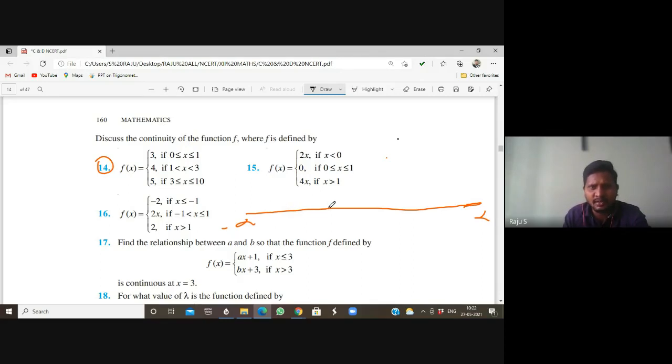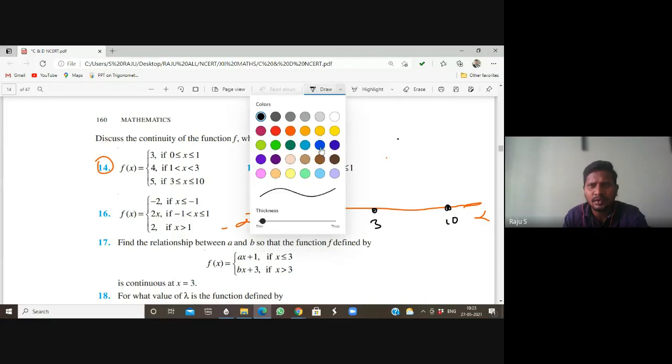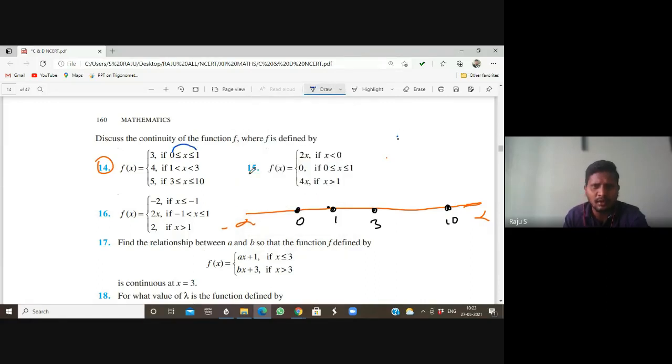I take 0 here, 1 here, then 3 here, and 10 here. From 0 to 1, what is the function value? The function value is 3. From 1 to 3, what is the function value? 4. And this is 5.